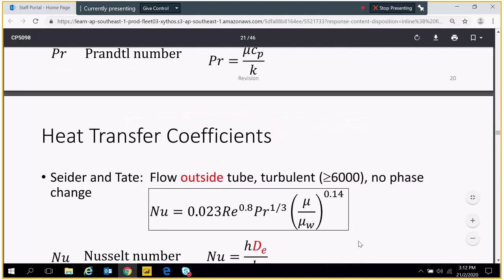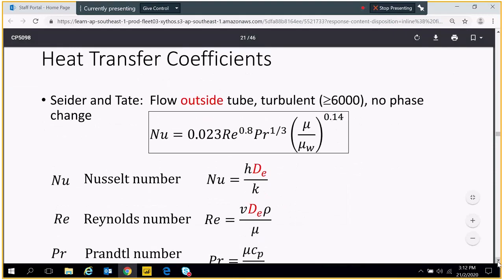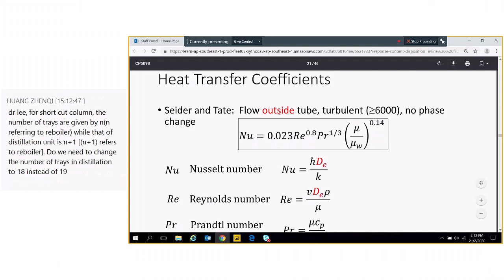This one no need to remember, and this one no need to remember. This is for the shell side, the flow outside of the tube.